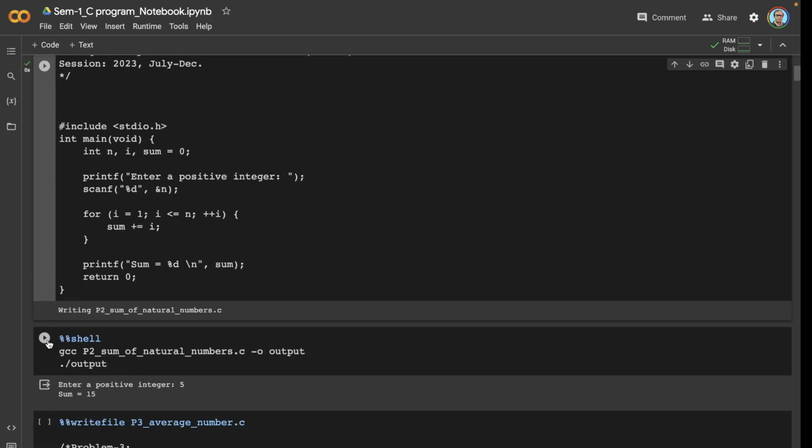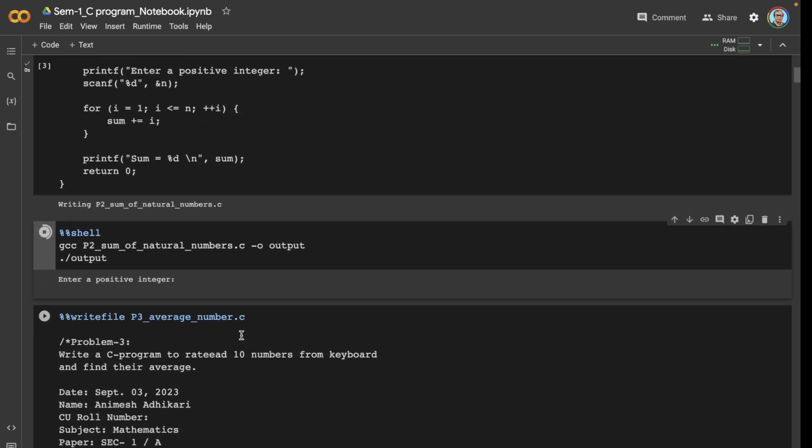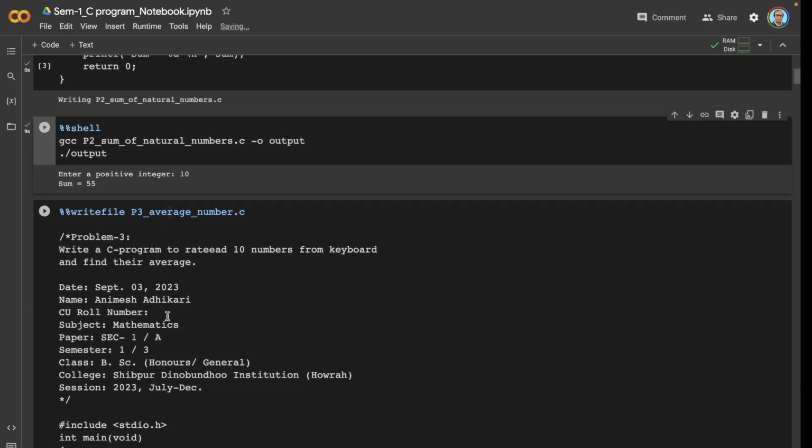Run this program. Now enter a positive integer, so put here 10, enter, and you get output sum equals to 55.